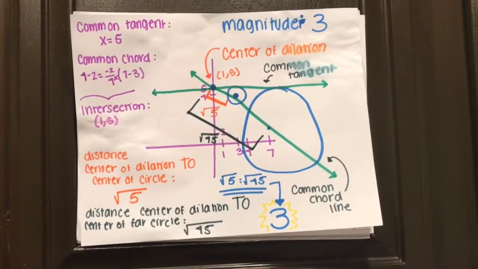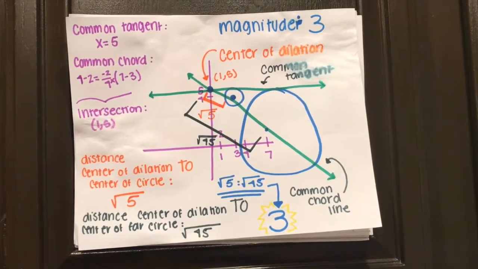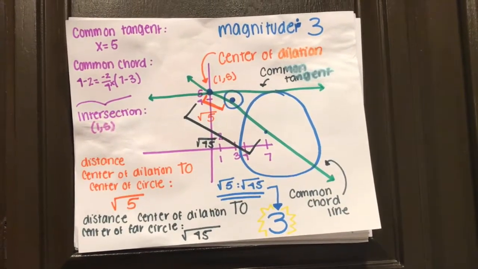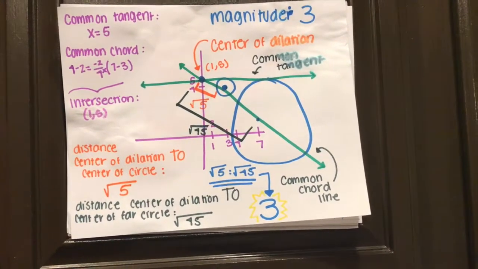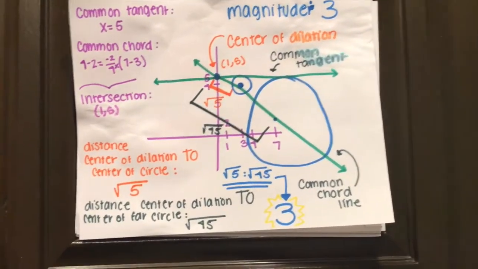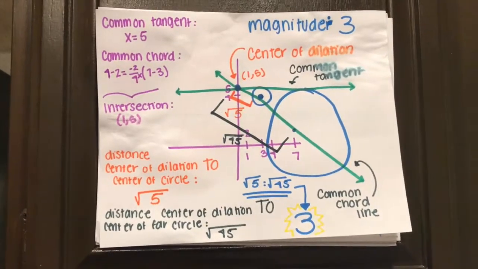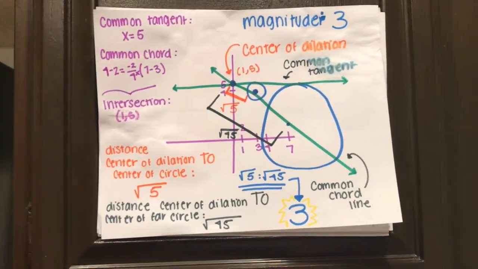That's really important. For the next step, you take the center of dilation and find the distance between that and the center of your first circle. Using the distance formula, that is equal to the square root of 5.